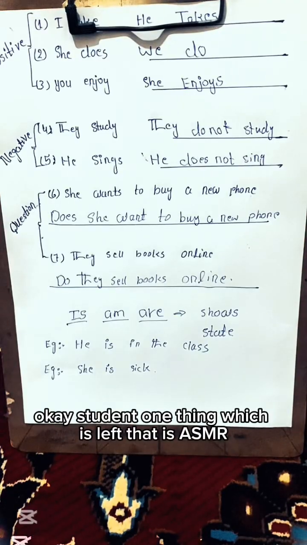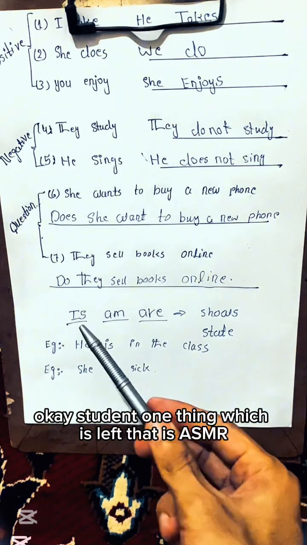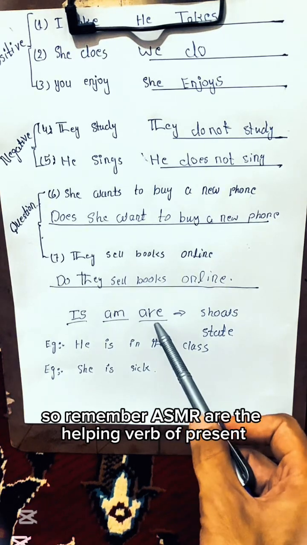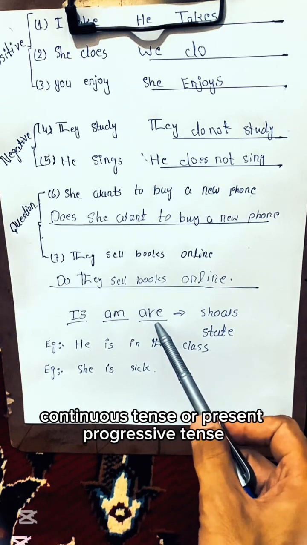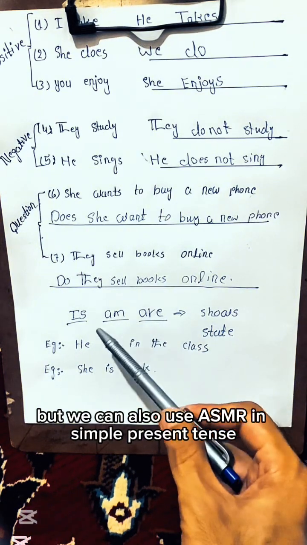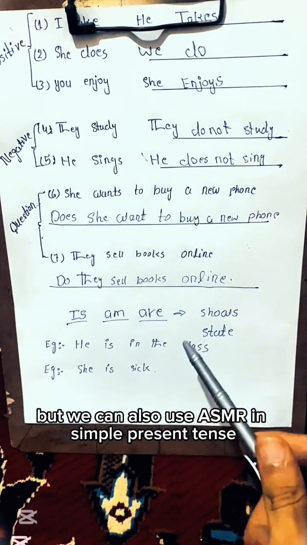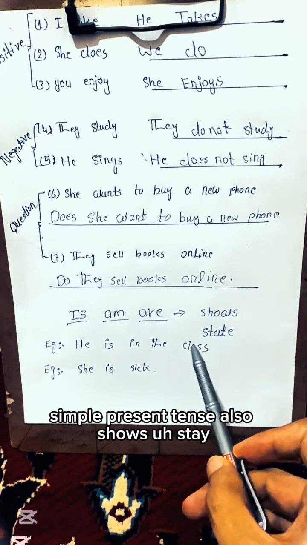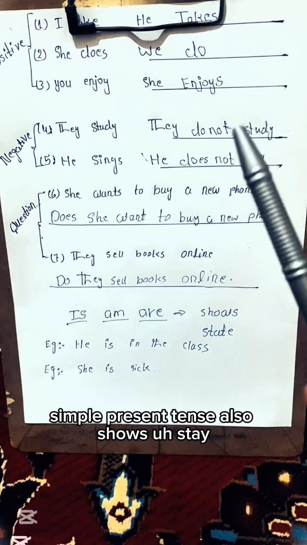Okay students, one thing which is left, that is SMR. Remember, SMR are the helping words of present continuous tense or present progressive tense, but we can also use SMR in simple present tense, which shows state. I told you before that simple present tense also shows state.